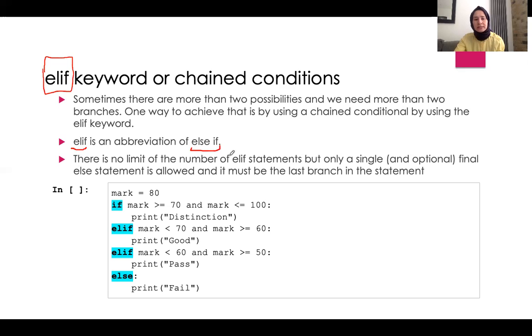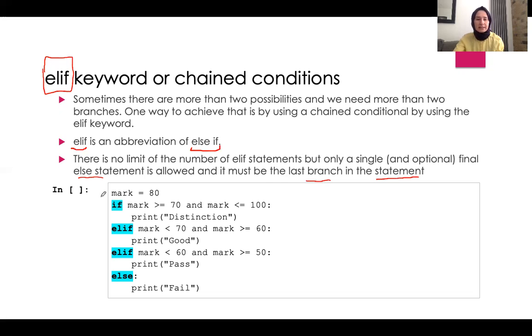And there is no limit on the number of elif statements that you can use in any condition. However, when you are using elif statements, the final else statement is allowed, and it must be the last branch in the statement.